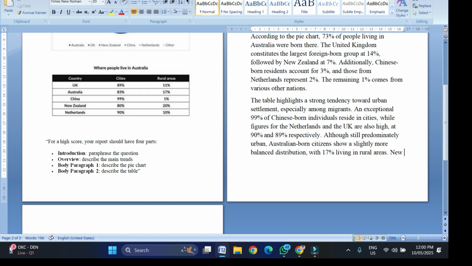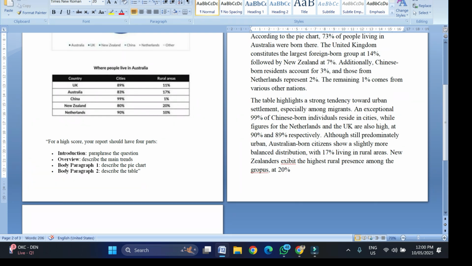Okay, New Zealanders exhibit the highest rural presence among the groups at 20%.